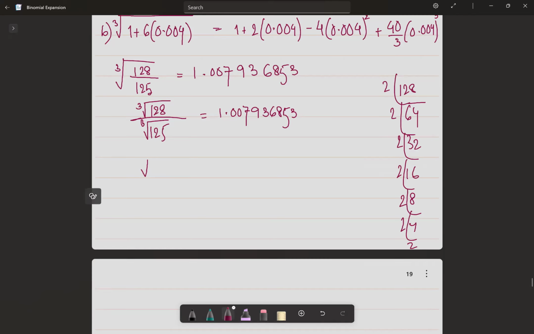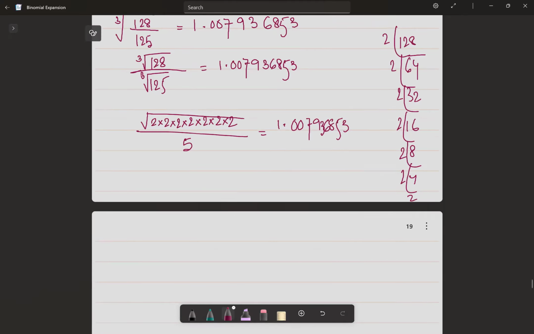Divided by cube root of 125, which is simply 5. And this is equal to 1.00796793685. Now 5 gets multiplied in there simply.